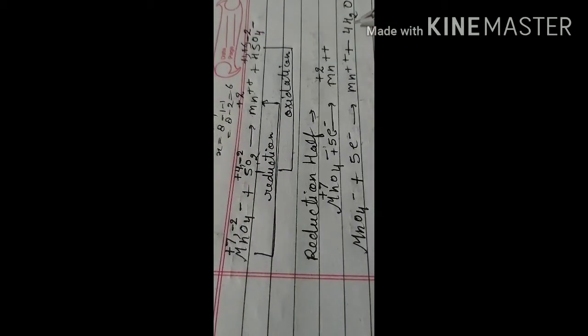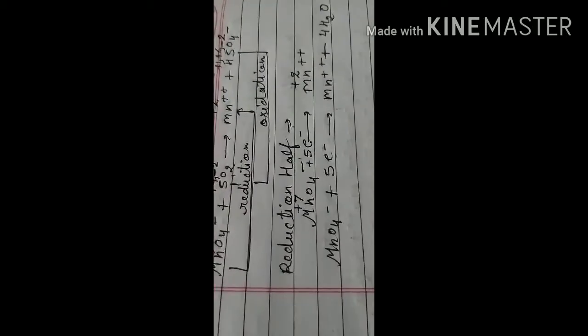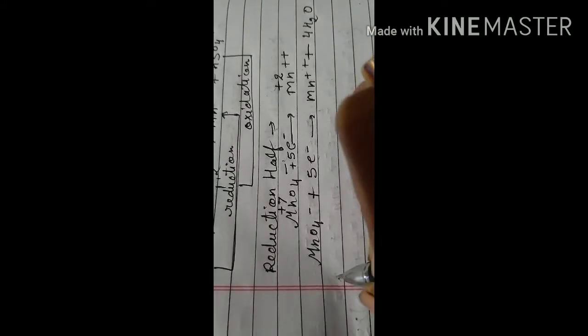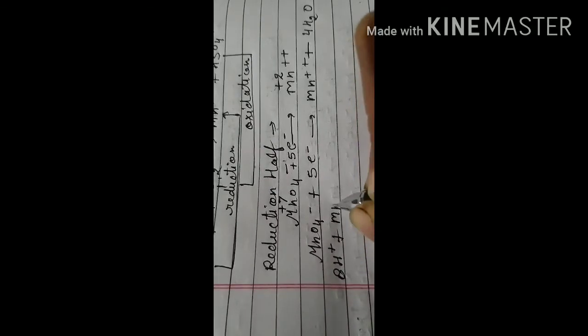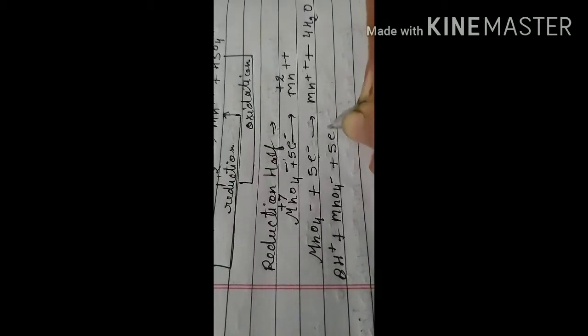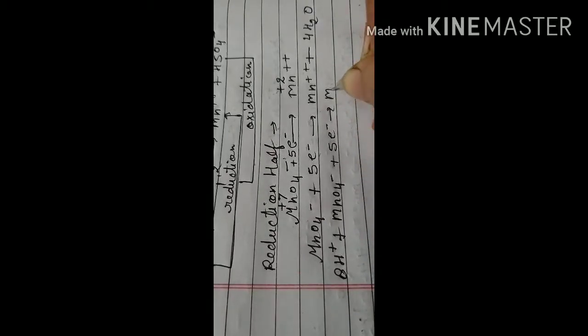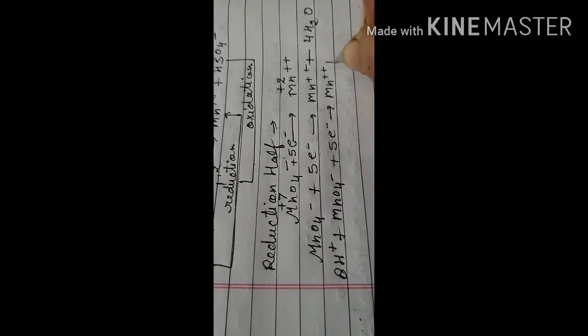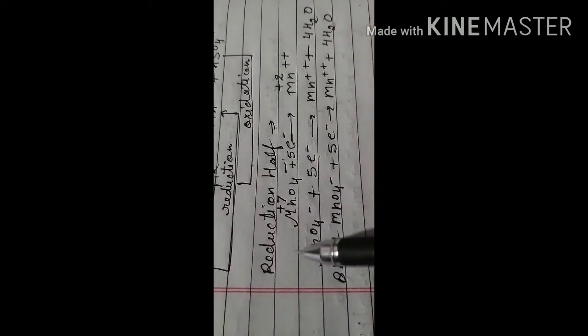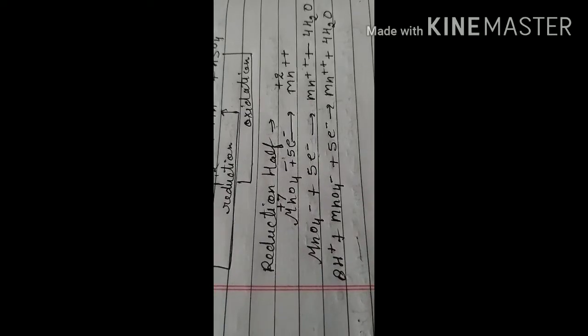Now 4 2s are 8, so hydrogen is going to be 8 on the other side. As we are balancing the equation in acidic medium, we put 8H positive on the left hand side. Now MnO4 negative plus 5 electrons gives Mn2 positive plus 4 H2O.